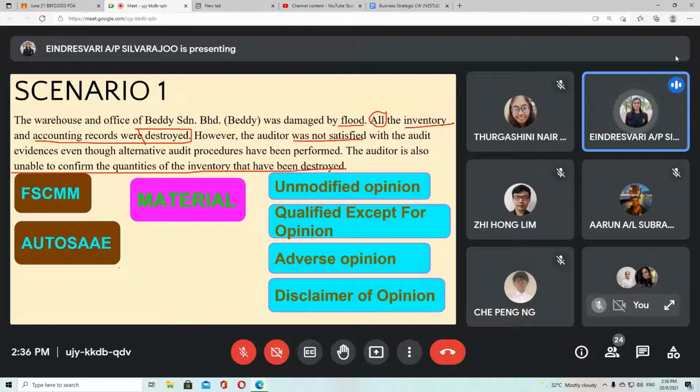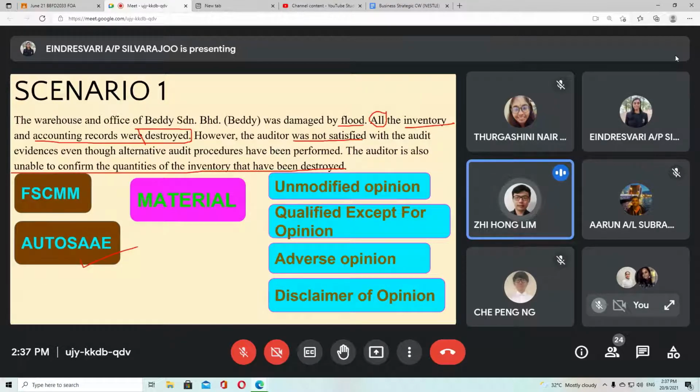In this case, is it FSCMM or AUTOSAY? AUTOSAY. Why AUTOSAY? Because they did not obtain sufficient and appropriate evidence, because the auditor says they can't confirm the quantities, as all the records are already destroyed and they are unable to confirm the inventories that were destroyed.